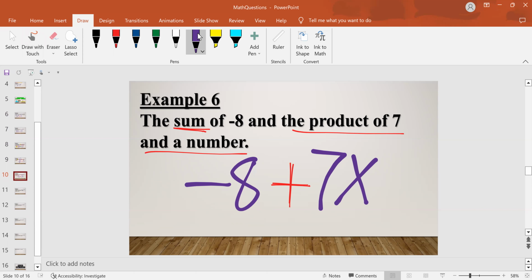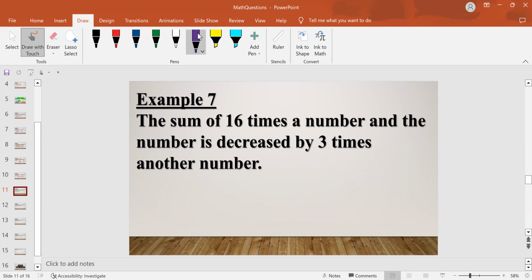Problem 7. The sum, again sum, so addition. Okay, the sum of 16 times a number, another grouping, 16 times a number, and the number, okay, so another grouping, the number is decreased by 3 times another number.